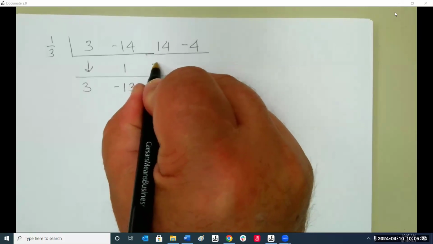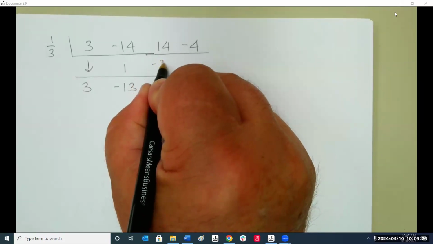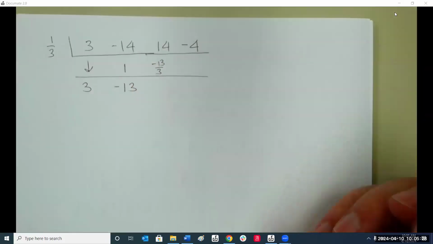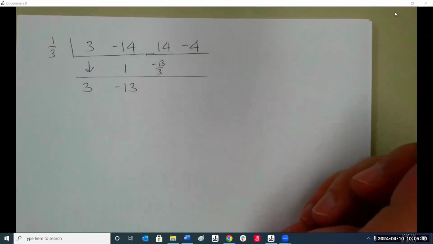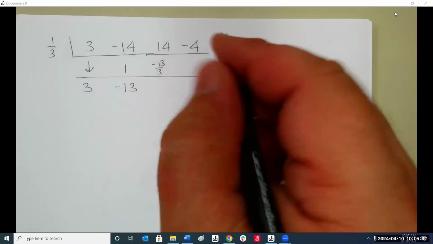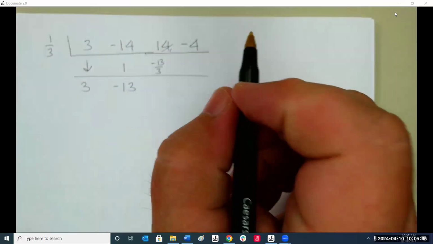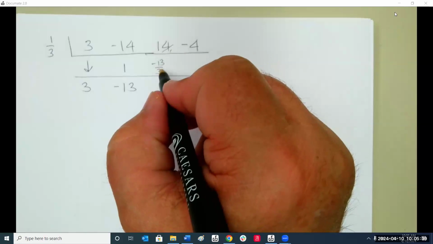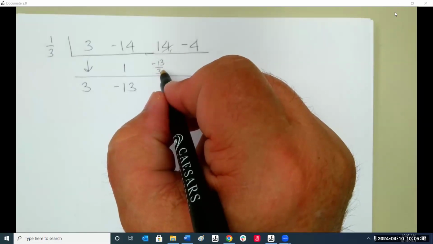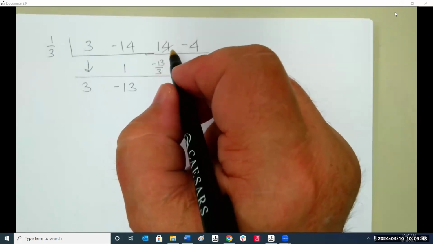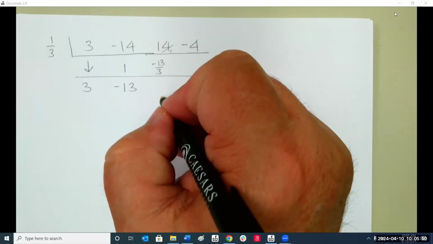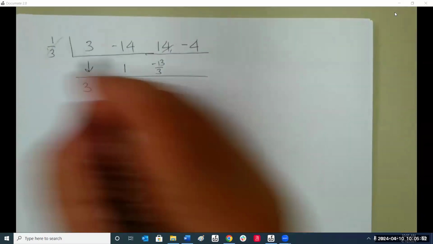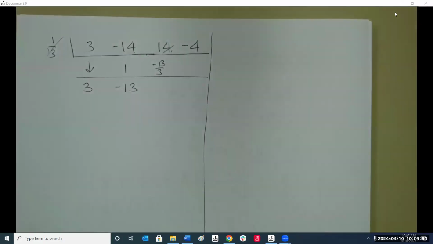Once we have fractions, it's not going to work out nicely. So it's going to be 42 minus 13. No.